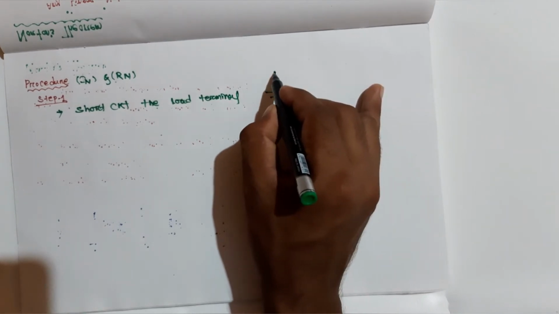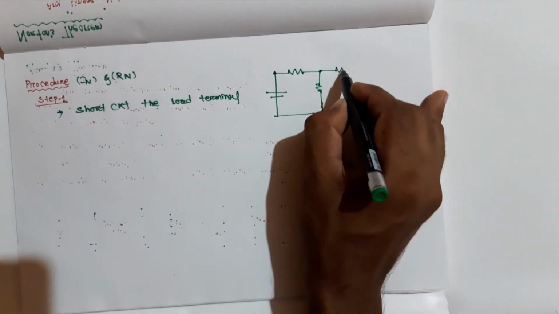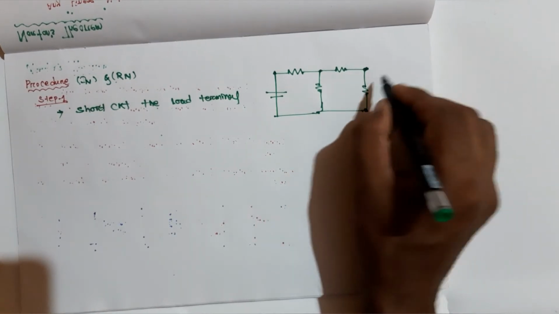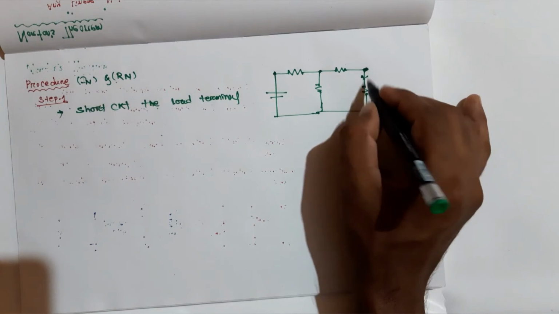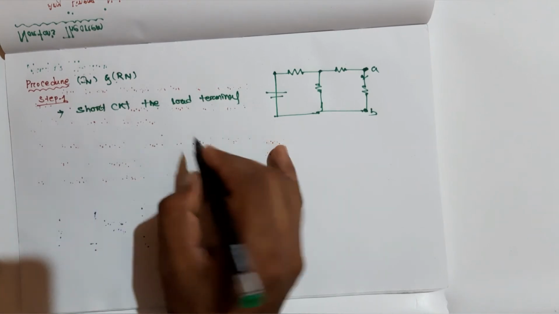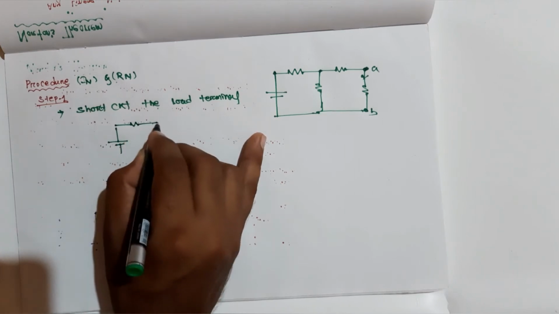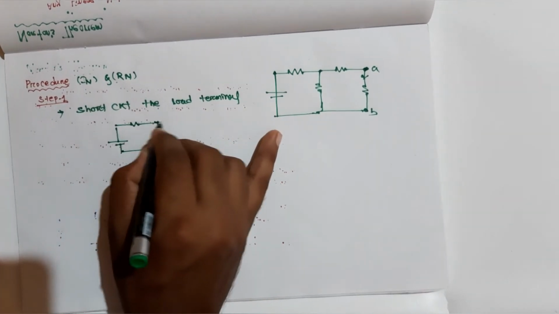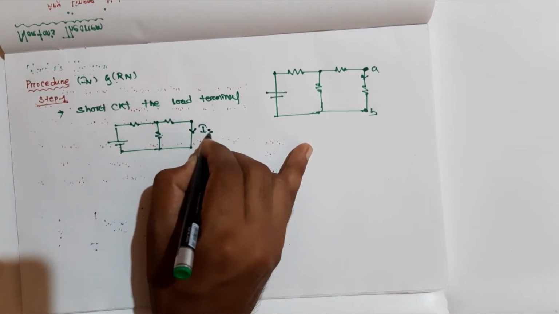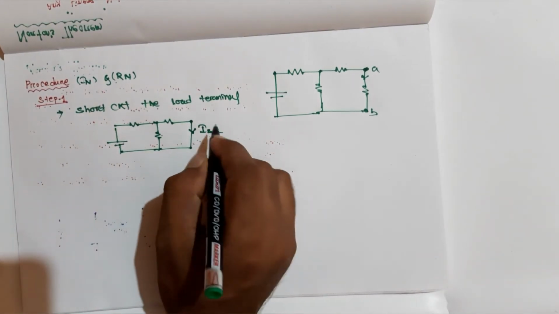If the question asks to find the Norton equivalent across this branch AB, you need to short circuit this branch. Then we find this short circuit current. This short circuit current is called the Norton current.